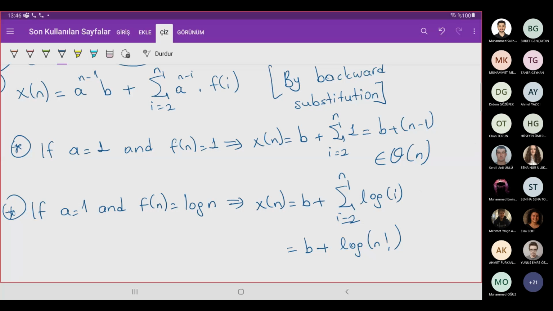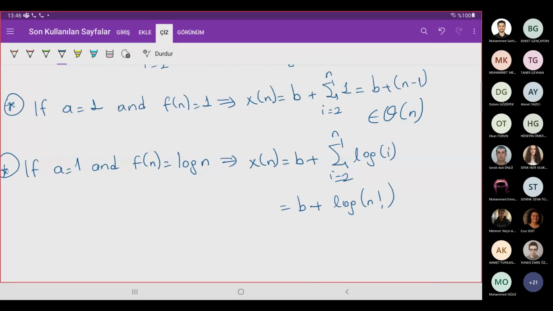Logarithm of n factorial is the logarithm of n times n minus 1 times and so on, which is log n plus log n minus 1 and so on, exactly equal to this summation. So the theta for this is, sorry, theta n log n.